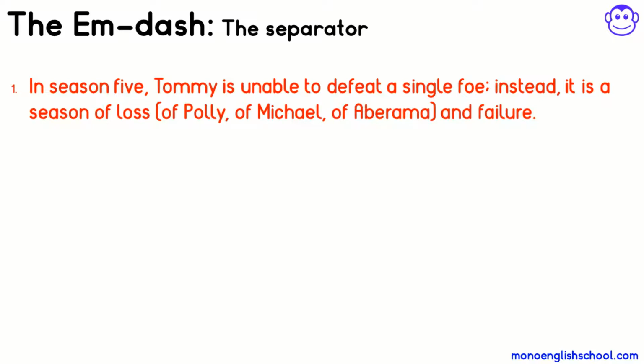The parentheses indicate an aside which is worthy of attention, but perhaps not crucial to the main thrust of my text. However, I want to emphasize to my reader the characters, the central characters, that I am claiming Tommy lost in Season 5. Therefore, I can swap the parentheses for M dashes.